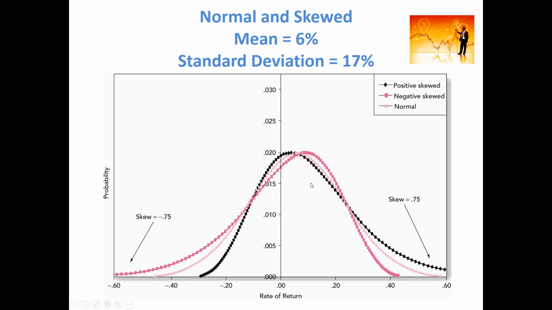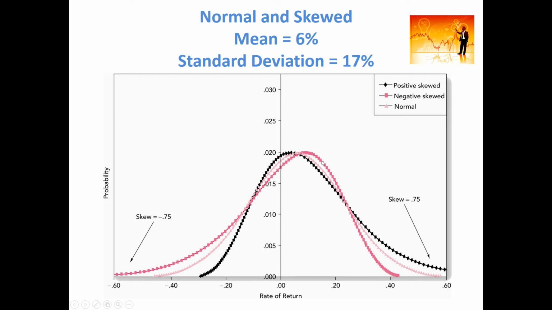So it has a skewness equal to 0, and half of the distribution is right of the expected return and half of the distribution is left of the expected return. However, if you look at this black line, it is a positively skewed curve, so it has higher positive returns and it has a fatter tail in the right, so there is a chance of higher positive returns without a corresponding chance of negative returns.